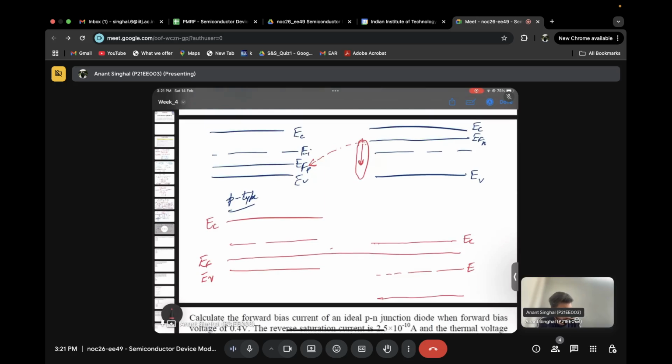EC, this is EI, this is EV. And now you see, due to this, what has happened? The band bending has taken place. And everything is happening only around the junction. So this is the junction. And if there is a gradient, so if there is a change in energy, right?